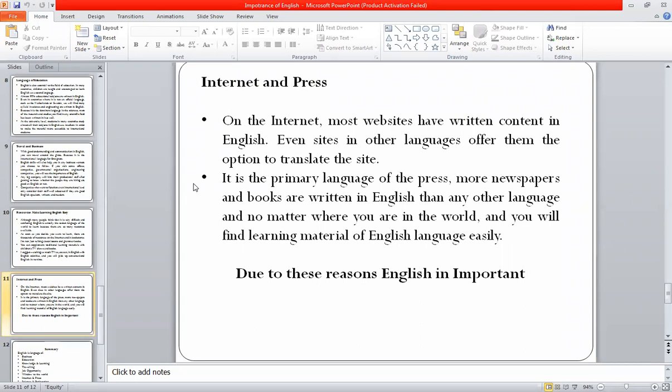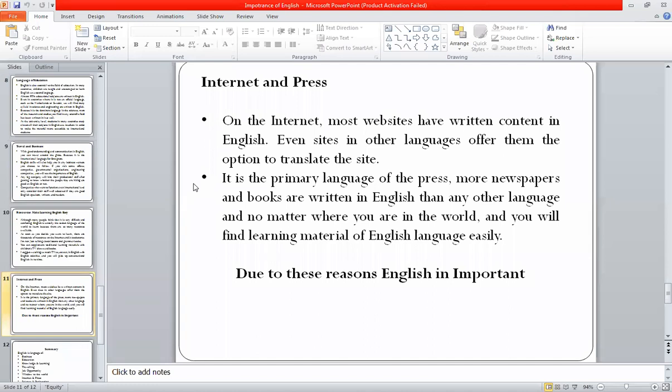Even sites in other languages offer the option to translate the site. So you can find that there is also the option of translation.